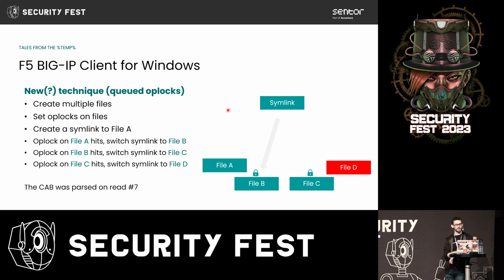Then I release the lock on the second read, pass it on to the next, and on the last step, we have a clean read on the modified, bad file. And in the example of the cab file, the actual cab was parsed on read operation number 7.